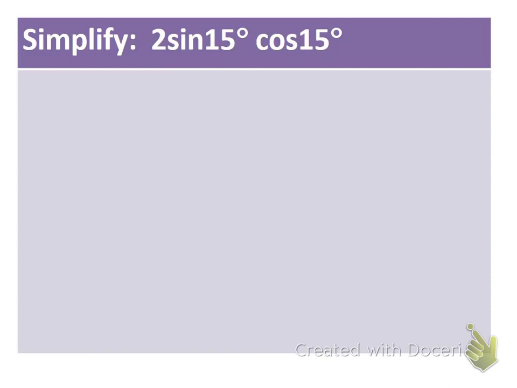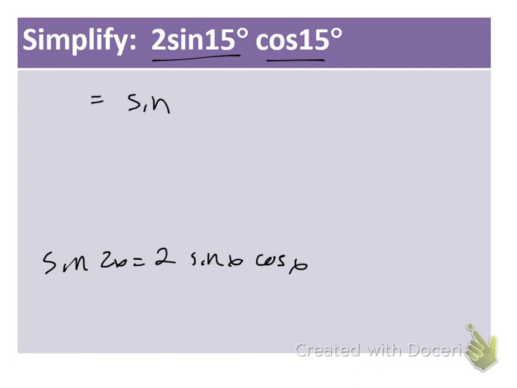2 sine 15 cosine 15 is exactly what you get for the sine double angle formula, right? So what that means is I can simplify this. I can actually find the value. 2 sine 15 cosine 15 is the same thing as just taking sine of 2 times the angle, which happens to be sine of 30.